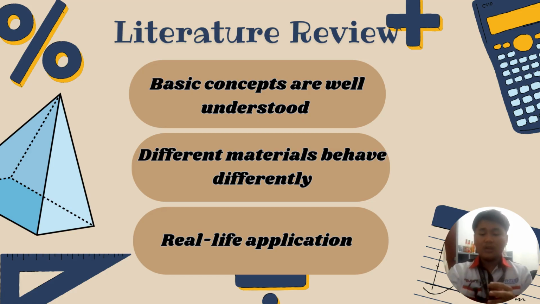For the second point, we are going to talk about how different materials behave differently. I am going to talk about three types of material: metal, composite, and concrete. For the first type, metal, we usually know it as a very tough material.